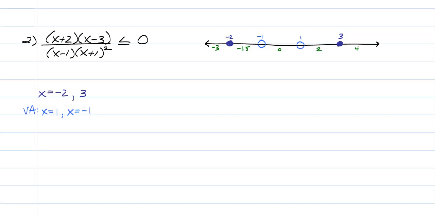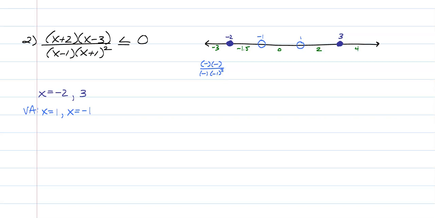So for the furthest to the left, we're going to plug in a negative 3 into this. Okay, so negative 3 plus 2 is a negative. Negative 3 minus 3 is a negative. Over, we're going to have a negative 3 minus 1, which is negative. And a negative 3 plus 1 is a negative, but it is squared.